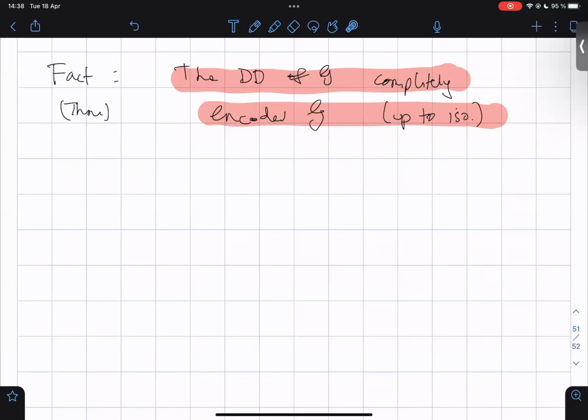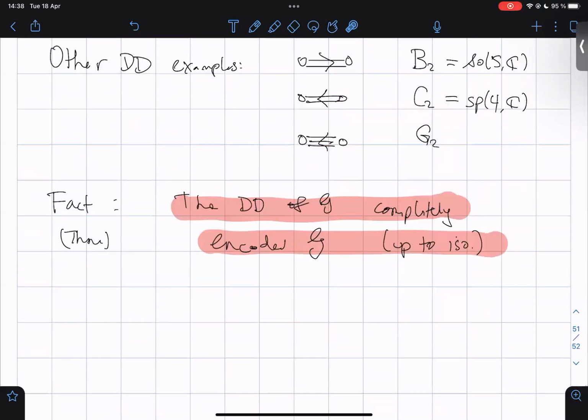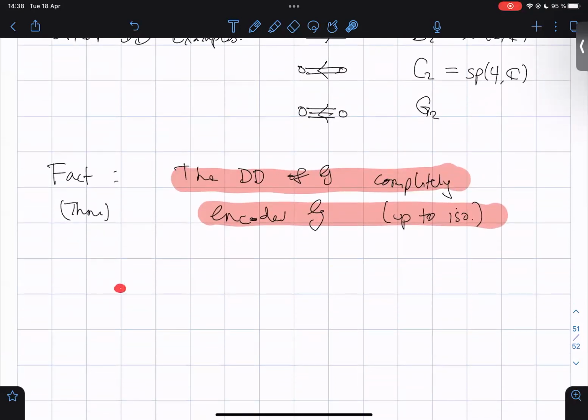You said earlier that there were two that were isomorphic, B2 and C2. Yes. So you can have different Dynkin diagrams, but they may still be isomorphic. Another example of this is SL4, which is A3.